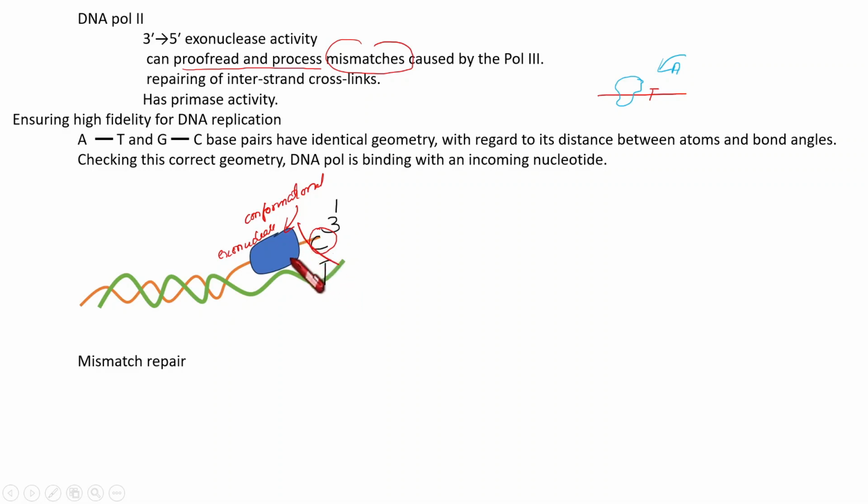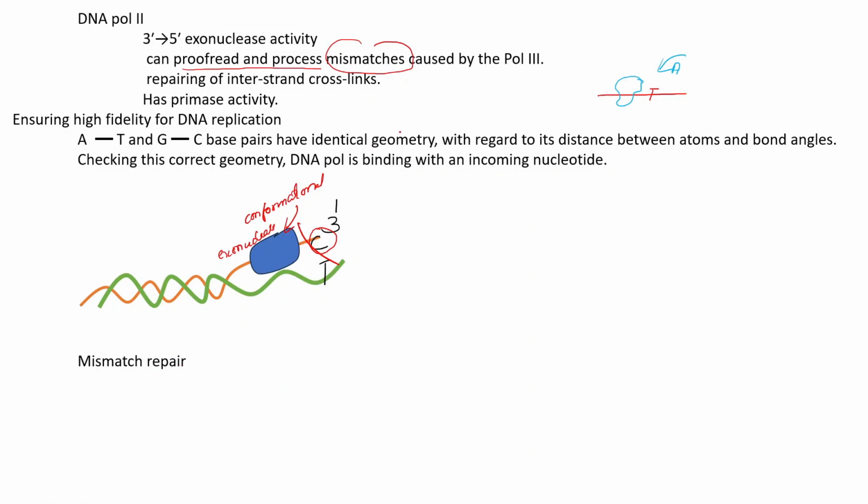That is the second method: 3' to 5' exonuclease activity. Okay, then there exists a third method to assure the fidelity or accuracy of replication, that is mismatch repair.